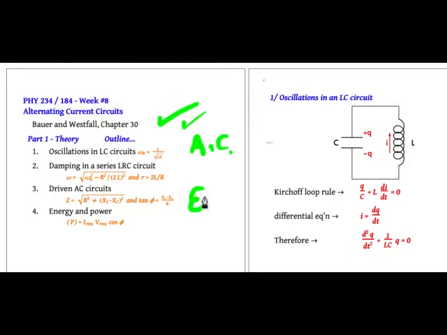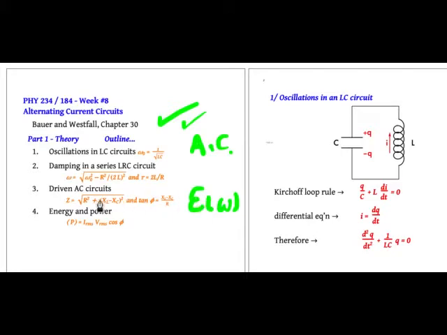Now, that frequency may not be the same as the frequency of the LC circuit by itself, or the LRC circuit. So there'll be a dependence on the frequency of the electromotive force. And there'll be the phenomenon of resonance.